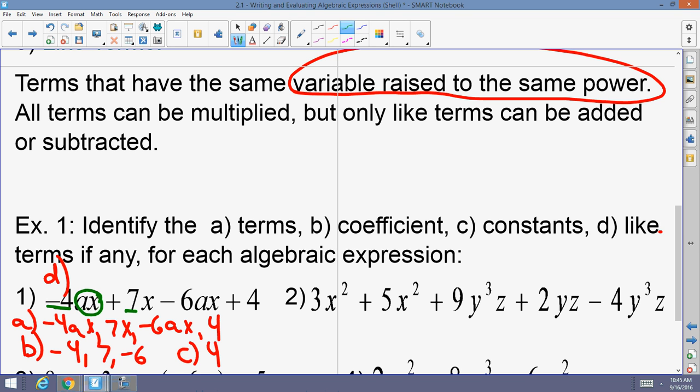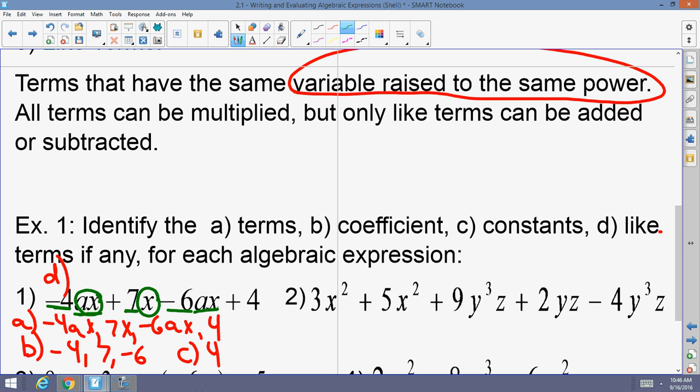The definition of a coefficient, my brother, thank you for your honesty, is the number being multiplied to any variable. So in this case, isn't negative 4 being multiplied to the variables ax? So that's a coefficient. Isn't 7 being multiplied to the variable x? So that's a coefficient. Isn't negative 6 being multiplied to ax? That's a coefficient.